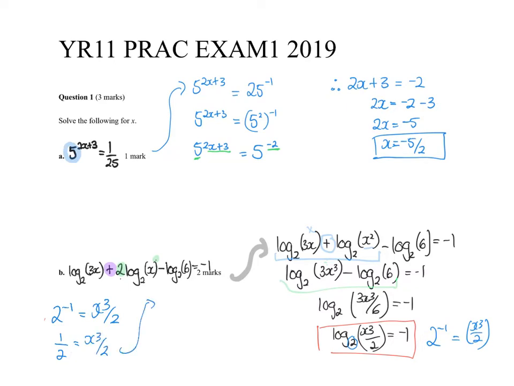And then I'm just going to keep solving like I normally do. If I move the 2 over, it would be a half times 2 equals x cubed, which ends up being 1 equals x cubed. The opposite to cubing is the cubic root. And what's the cubic root of 1? It's 1. So there's my answer.